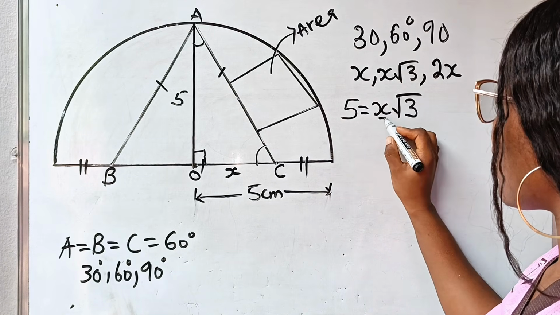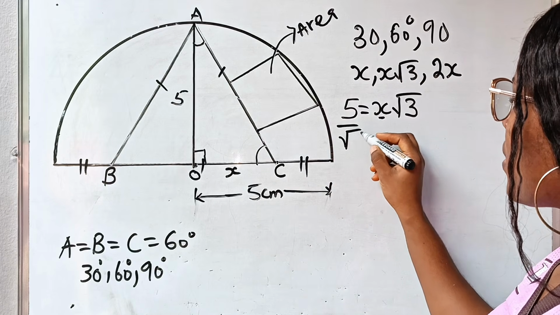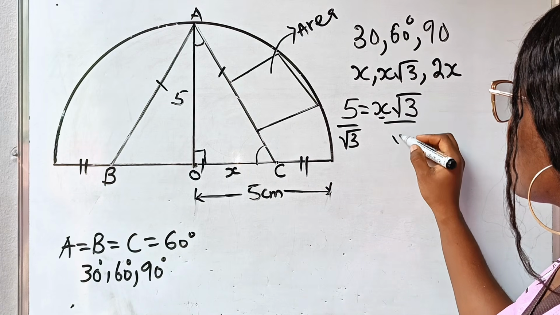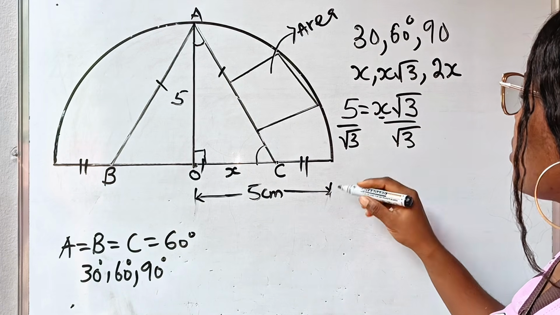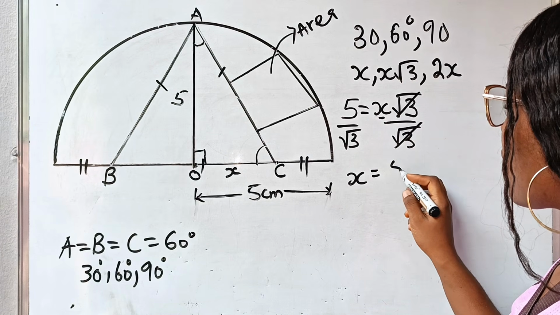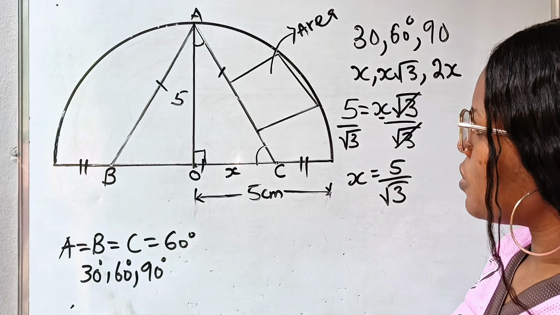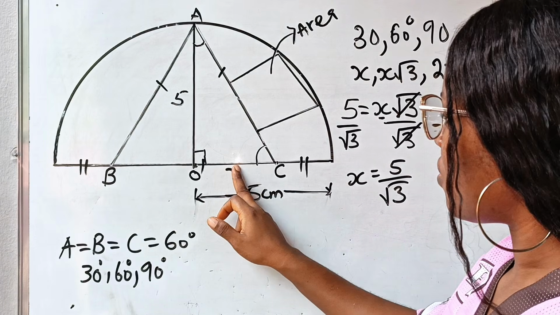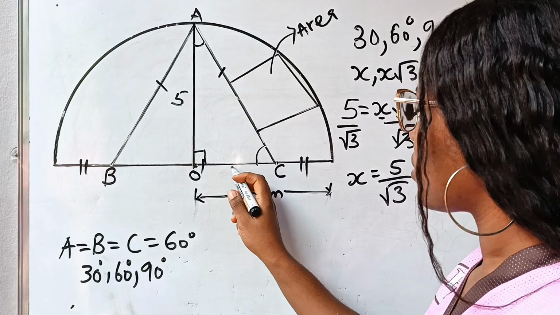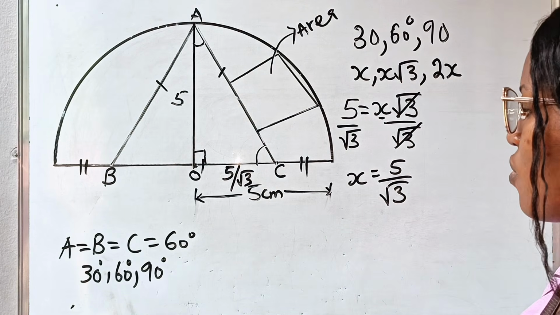Now, to get our x, which is OC, let's divide both sides by root 3. If we do that, we will have that x is 5 over root 3. So permit me to replace this with 5 over root 3.